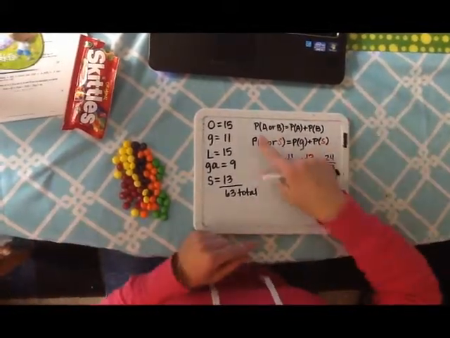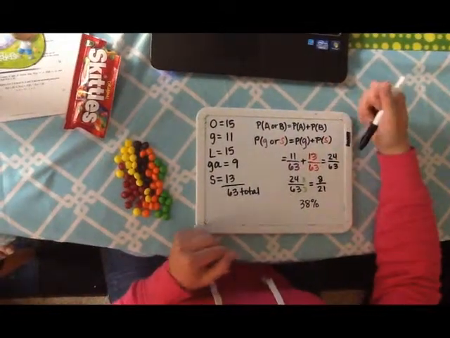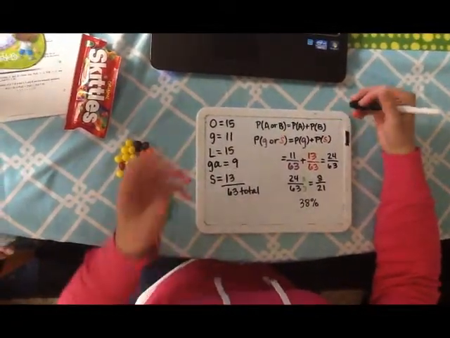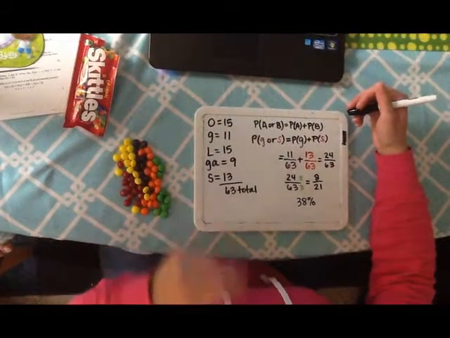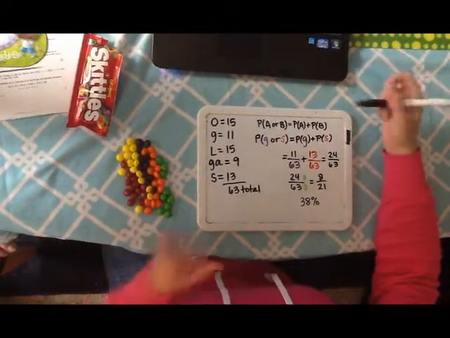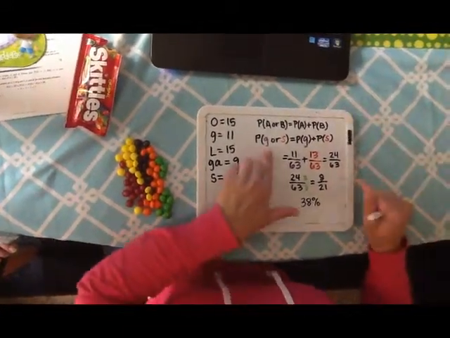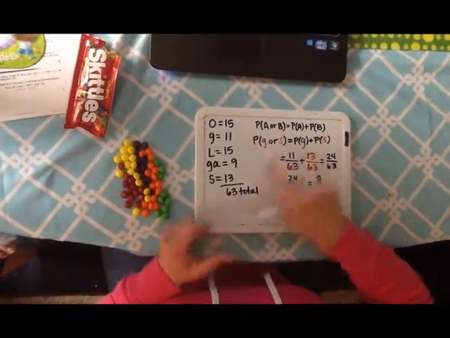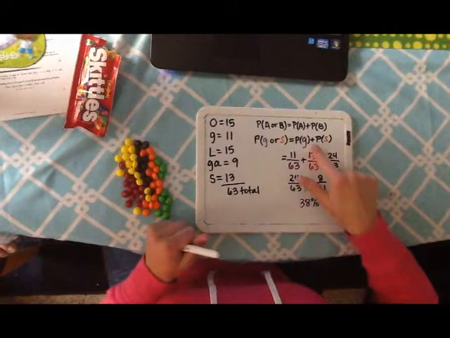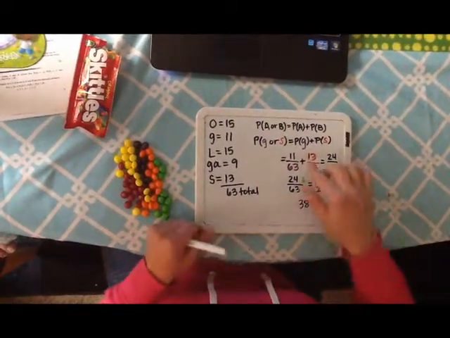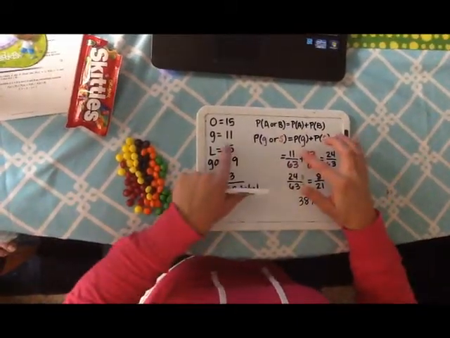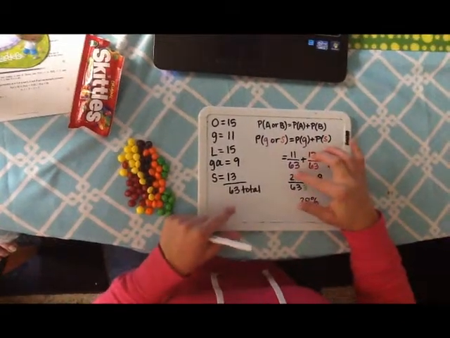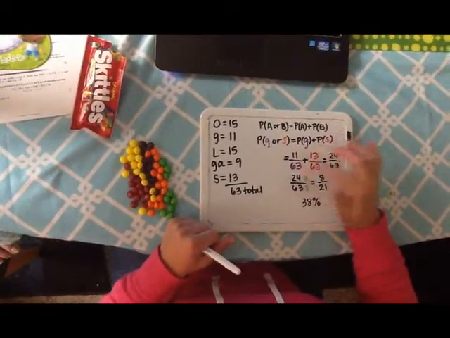This is the formula that we will go off of to find the probability of drawing two colors out at once. So I chose grape or strawberry. Now the or means to add. Because we know that there's 11 grape and 63 total, this is 11 over 63.